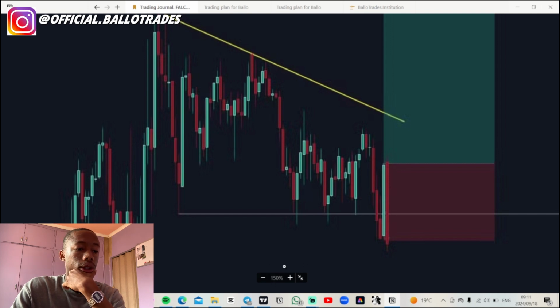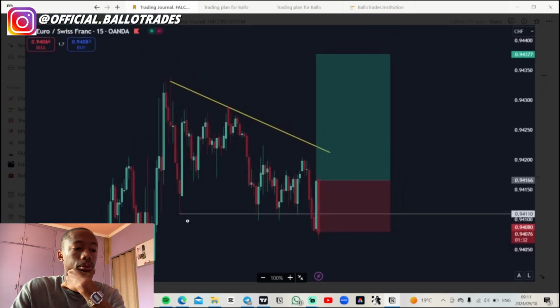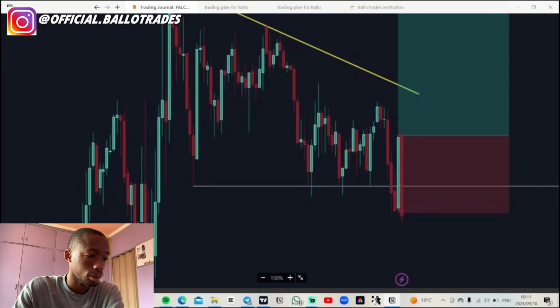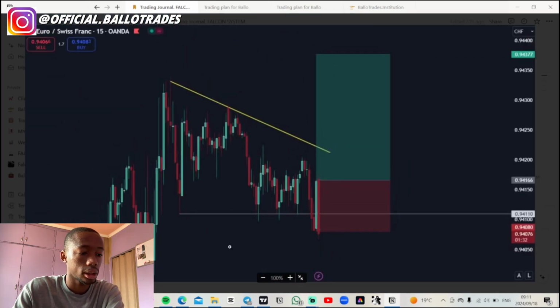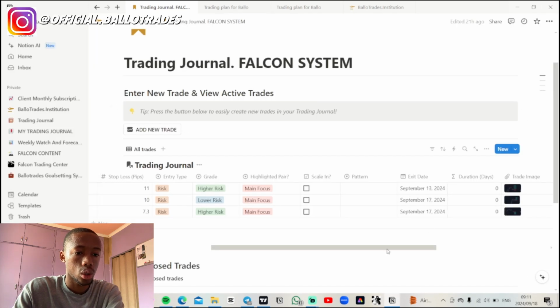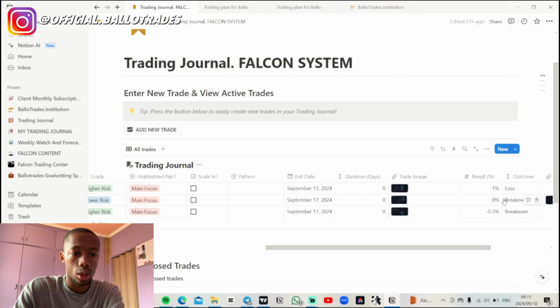The reason I said it was a higher risk trade is because there was a hook point below here. As you can see, it was just waiting there, so it was high risk in me taking it. And it was a loss, negative 1% loss.